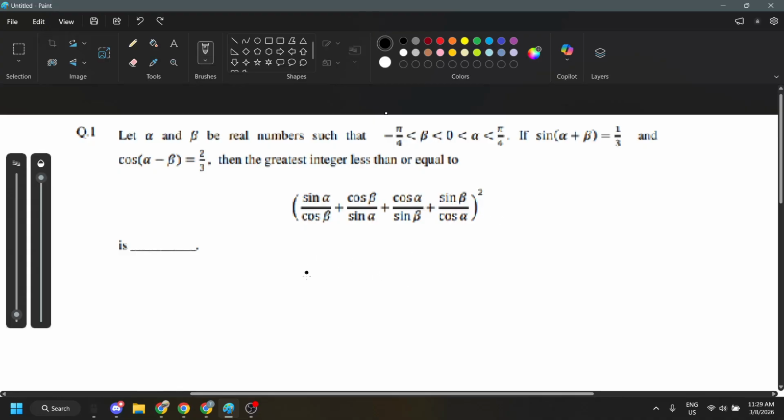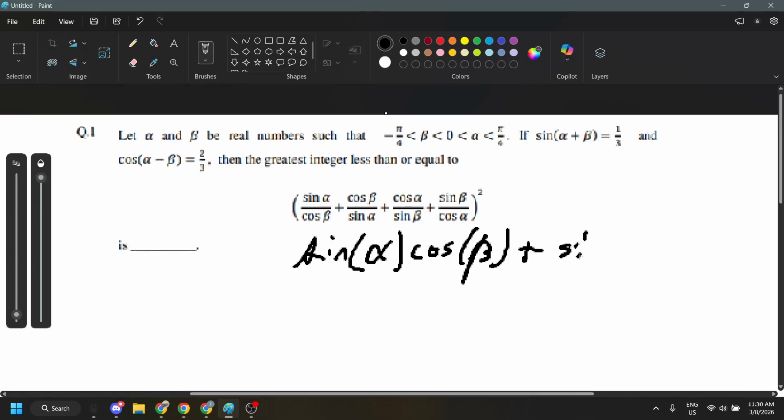We know the sine angle addition is sine of alpha cosine beta plus sine of beta cosine alpha, so that's equal to 1/3.